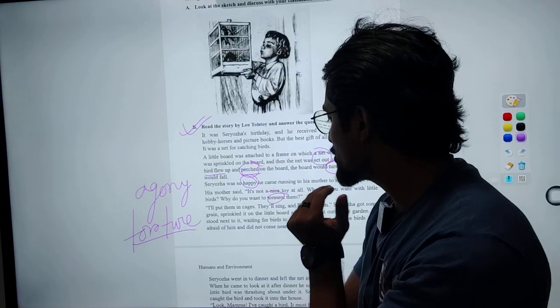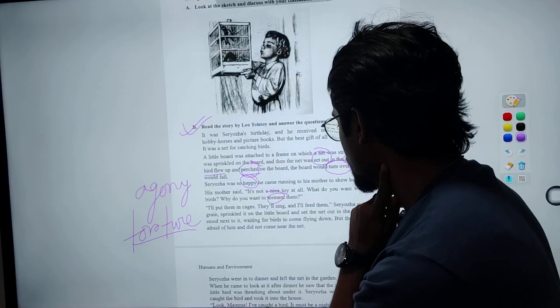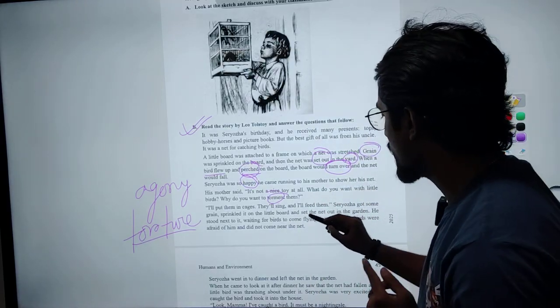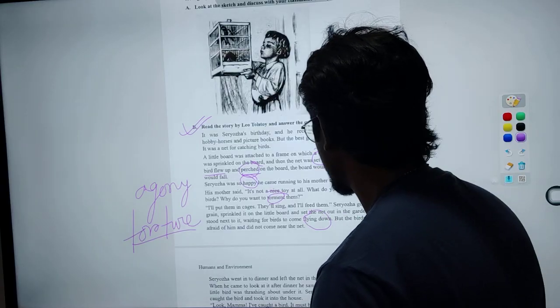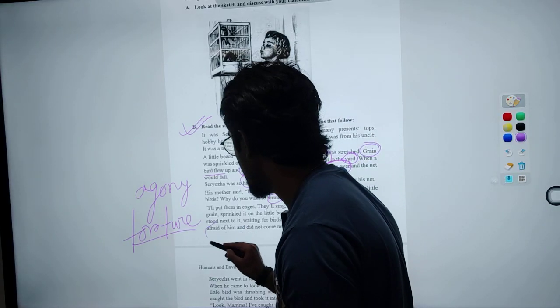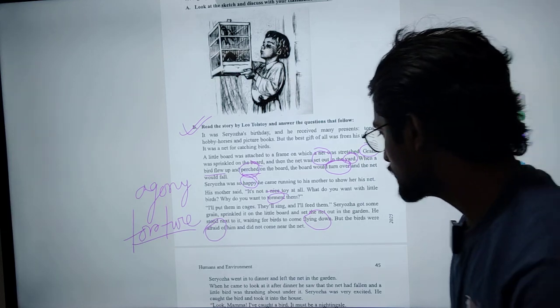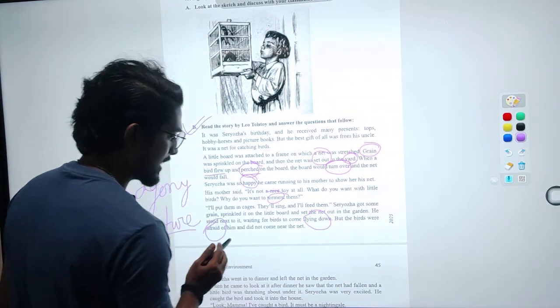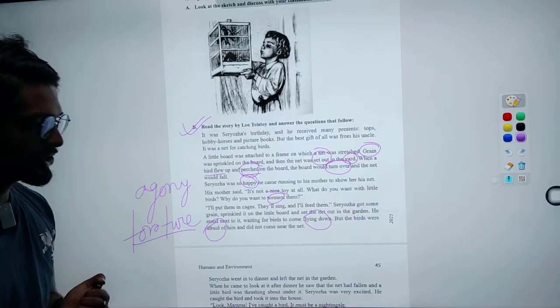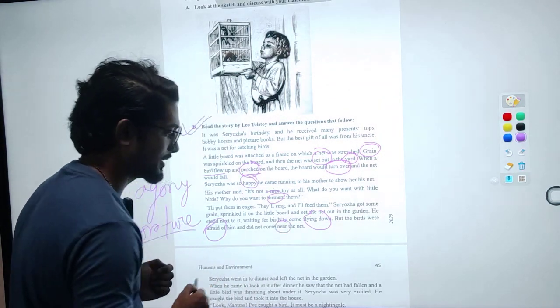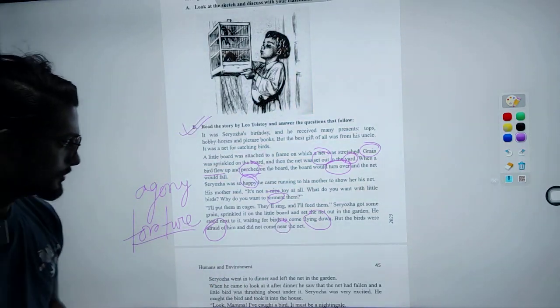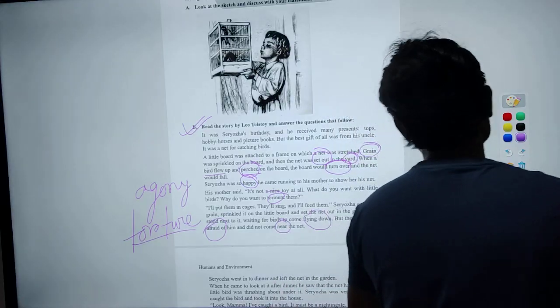So he stood next to it, waiting for the birds to come flying down. But the birds were afraid of him and didn't come near the net. The birds were so afraid that they didn't come near the net. So let's see the next one.